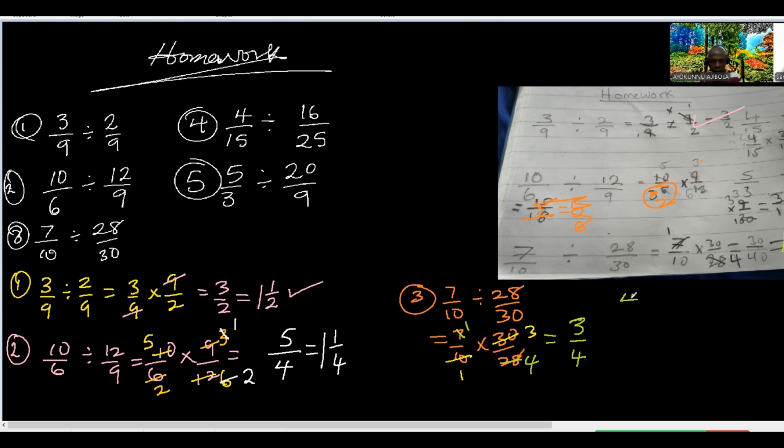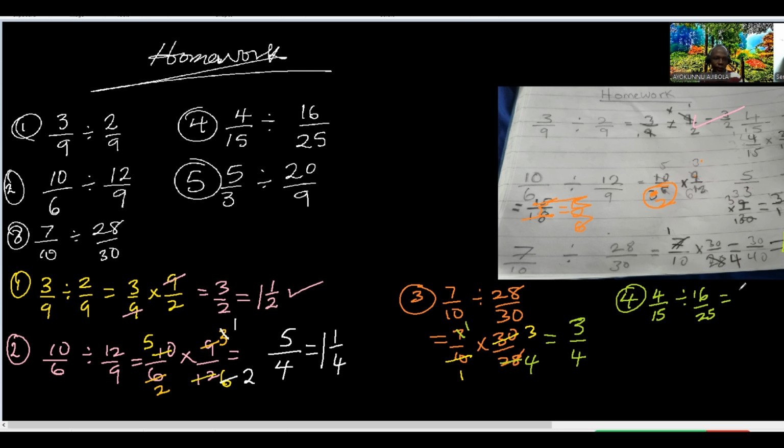Then the last question, which is number 4. I think we have one more after them. 4 over 15 divided by 16 over 25.